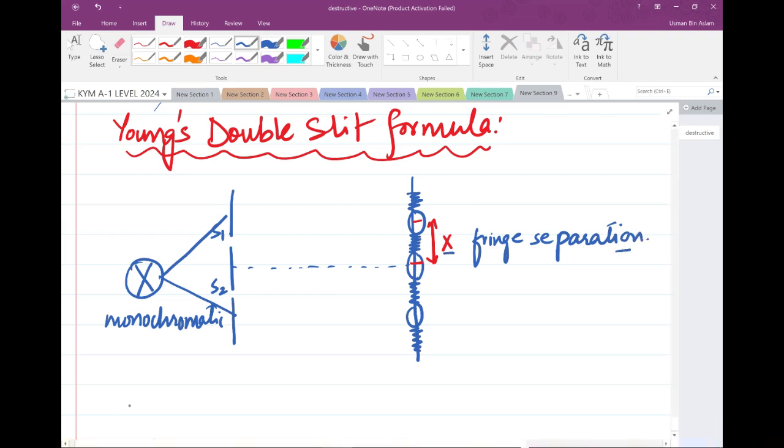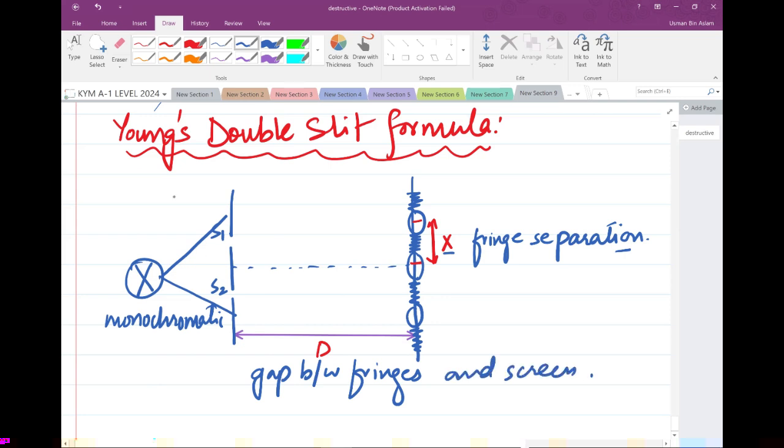It is represented by the variable X. The gap between the slits and the screen is going to be represented by a variable D. And there's going to be another length involved here, the gap between the two slits. This will be represented by a variable A. A is called slit separation.